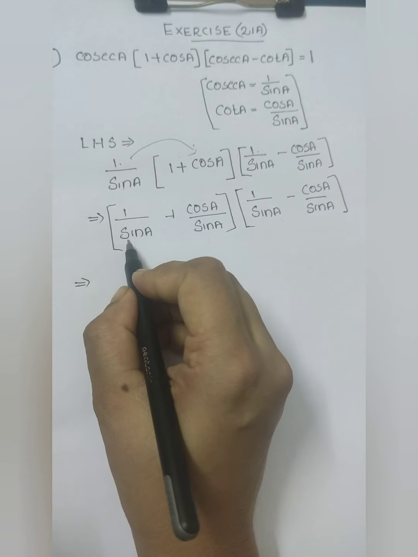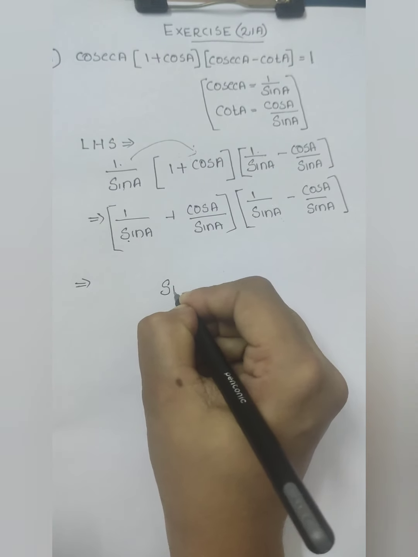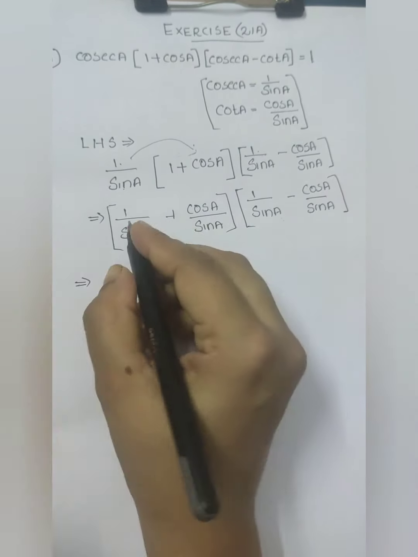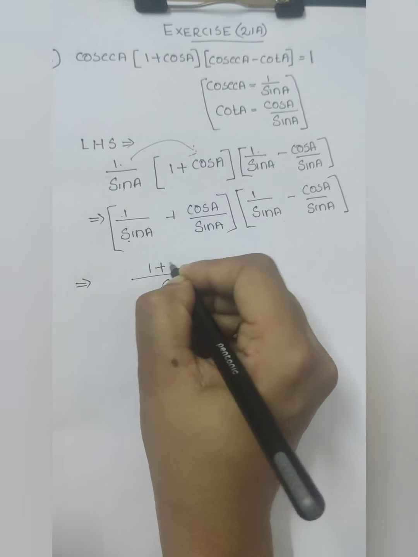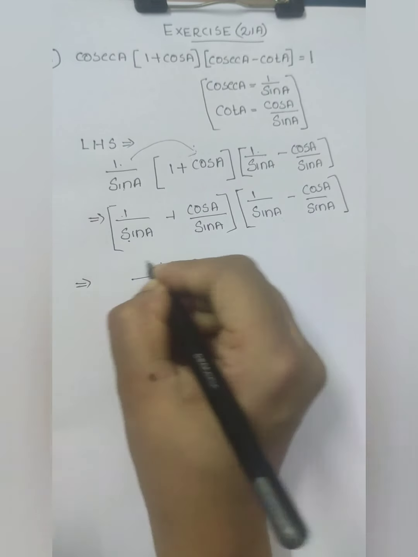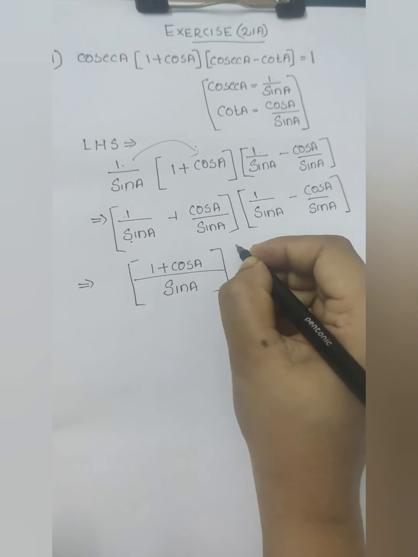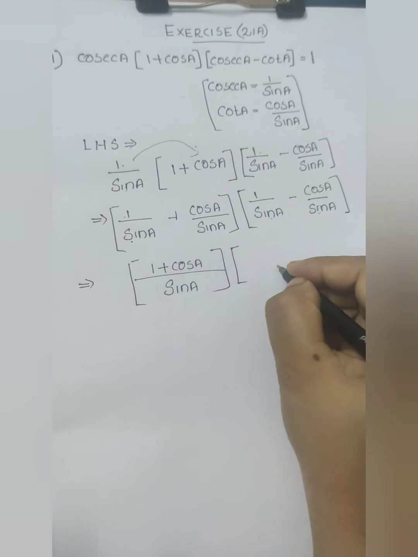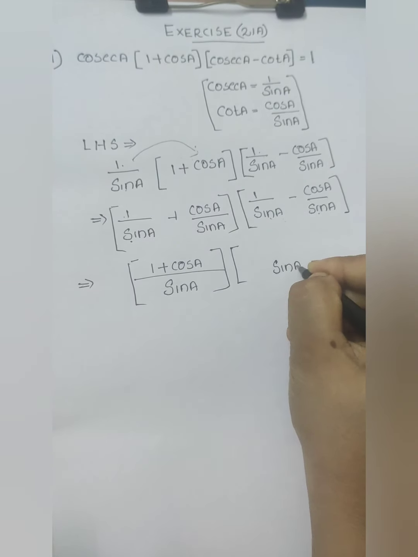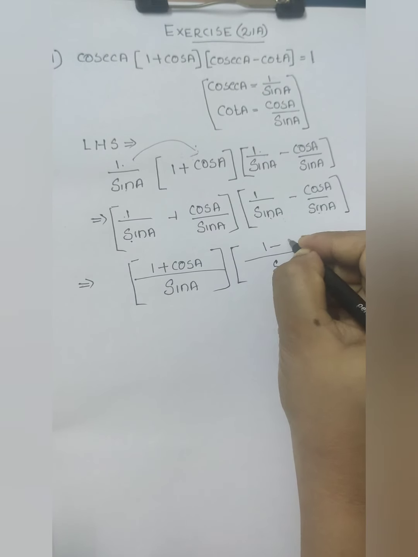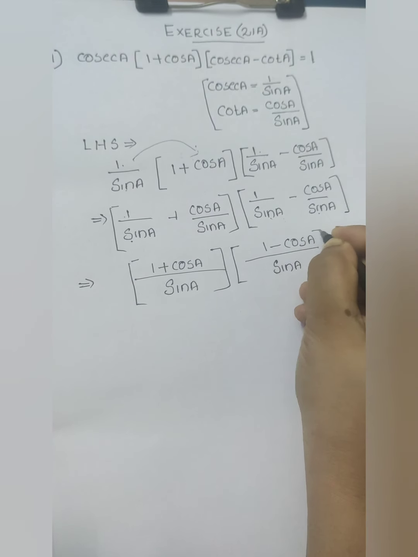Now here the denominator is the same, sin a, and the numerator is 1 plus cos a. In the second term, the denominator is the same, that is sin a, and the numerator is 1 minus cos a.